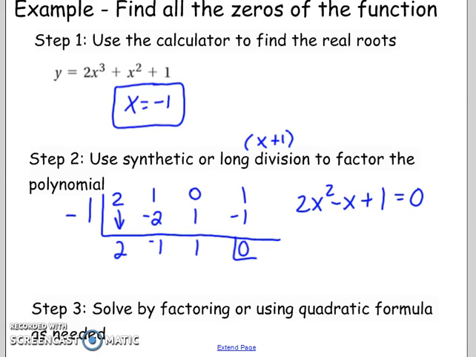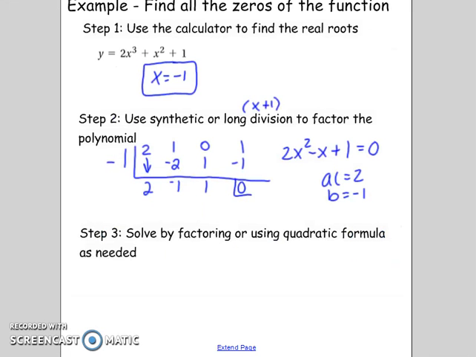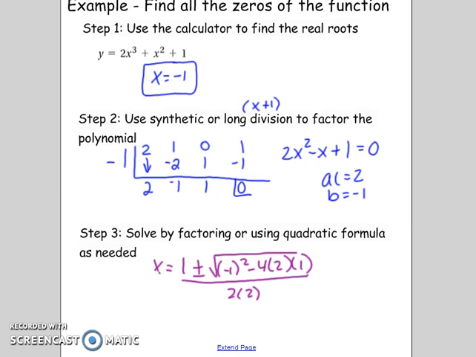And this is solved by factoring or using the quadratic formula as needed. If I try to factor this, my AC is 2, my B is negative 1, and nothing's going to multiply to 2 that adds to negative 1, so I need to use the quadratic formula. So x equals negative B, so positive 1, plus or minus the square root of B squared minus 4AC, all over 2A.